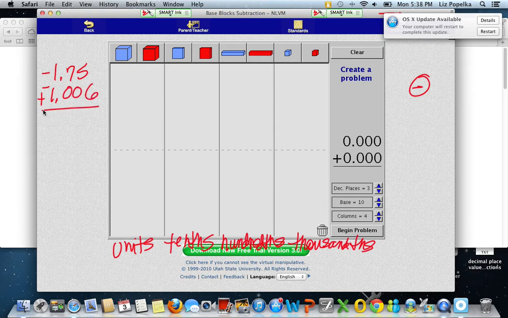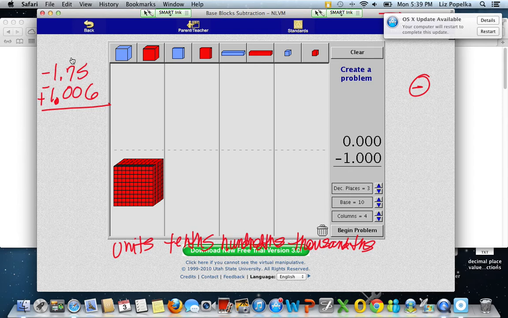Let's break down what these two numbers actually mean. Let's look at this one first, -1.75. Because that 1 is in front of the decimal, we know that's a negative whole 1, or a negative unit. I'm going to use this red one right here to represent that it's a negative. We can see that our computer is tallying that for us, that this is a -1.